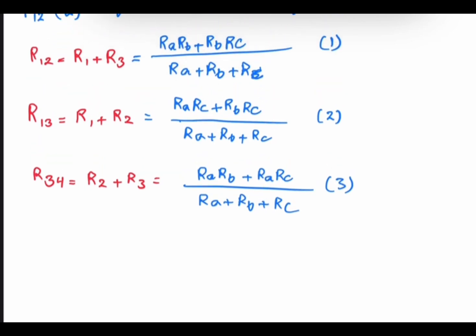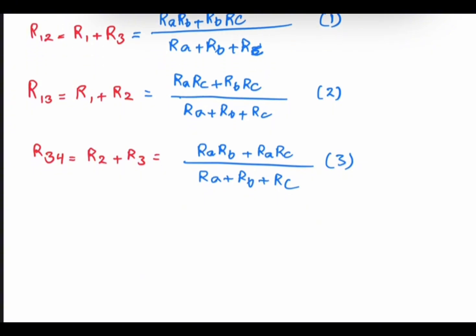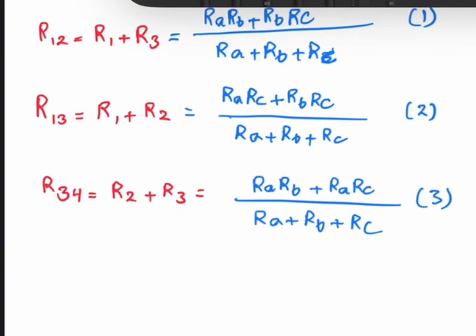Now I can play with these three equations in order to find R1, R2, and R3. What can I do? I can subtract the third equation from the first equation. Subtracting R3,4 from R1,2, I can write R1,2 minus R3,4.